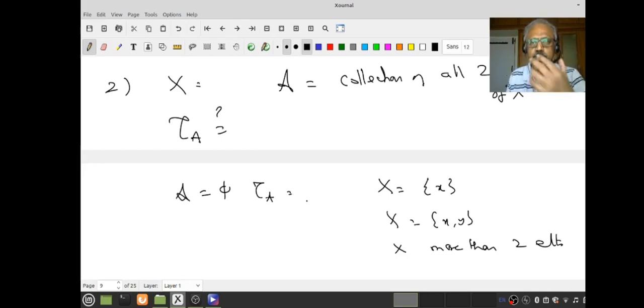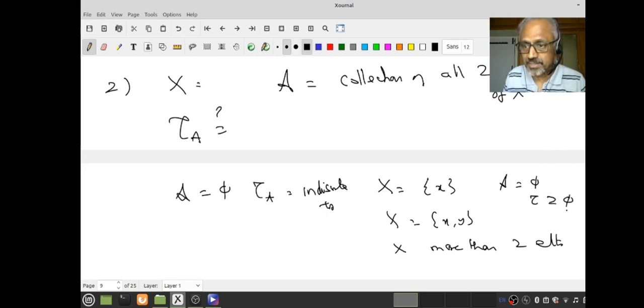So you want the smallest topology which contains the empty collection of subsets. Therefore, this is the indiscrete topology. Remember, script A is empty. Therefore, you are looking at a topology tau which contains the empty collection. It's not the empty set, these are different. This is not what we mean. We are saying it's a collection of subsets.